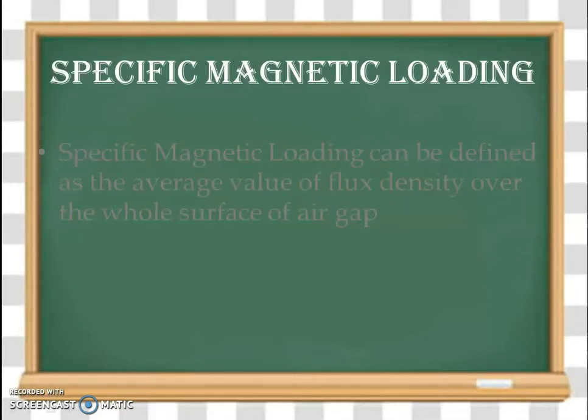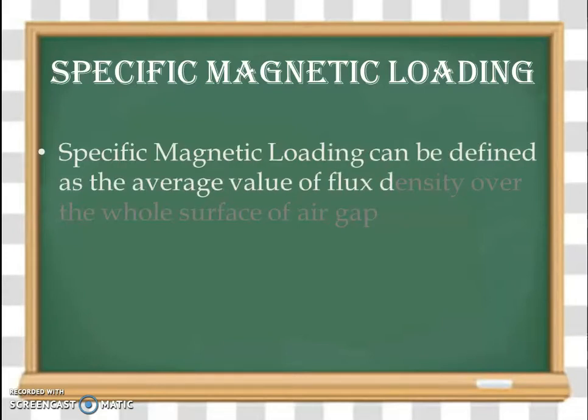Let us define what we mean by specific magnetic loading. Specific magnetic loading can be defined as the average value of flux density over the whole surface of the air gap. Mathematically, it is the average flux density, which we normally call the specific magnetic loading. In any rotating machine we have a stator and a rotor, and in between we have the air gap.